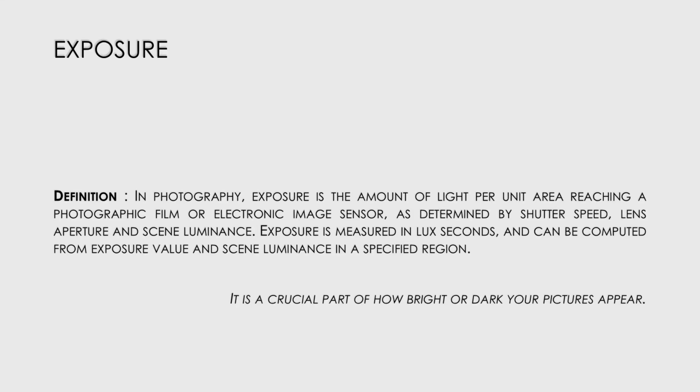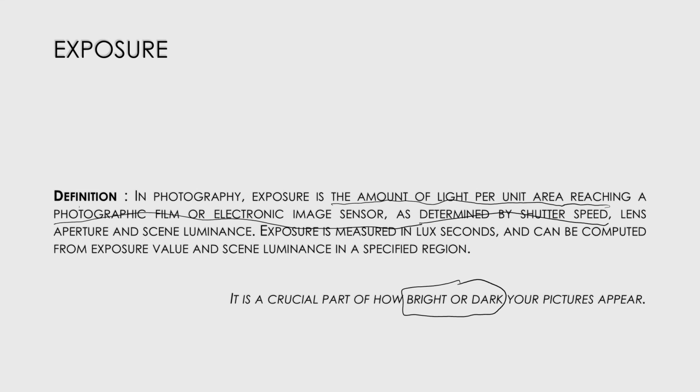Now, what is exposure? Exposure determines how bright or how dark your picture is after being captured. So this is actually the amount of light per unit area reaching a photographic film or photographic image sensor, as determined by shutter speed.